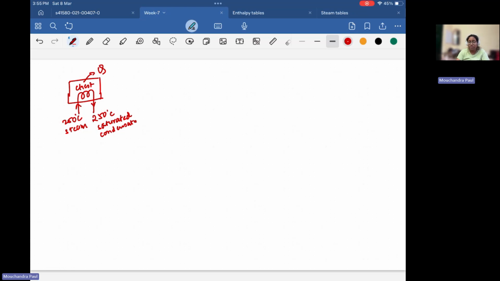This is an open system, so the energy balance equation for the open system is as this. U minus W. There is no kinetic energy involved, delta K is 0. Also potential energy is 0.